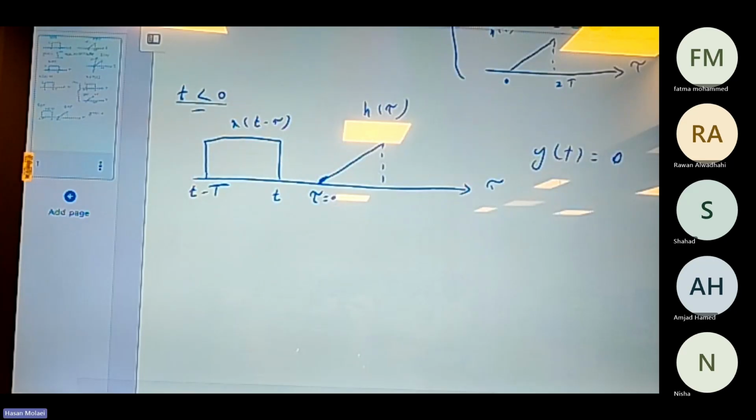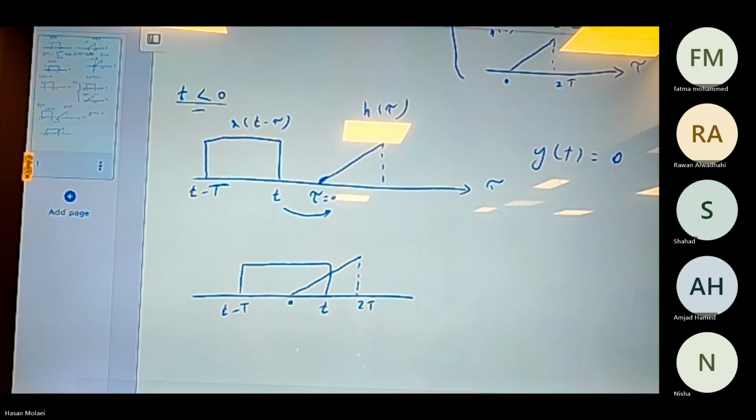If I move t a bit to the right, which means t should be a positive value, they have overlap here, but t should be bigger than 0 but smaller than T. Why?